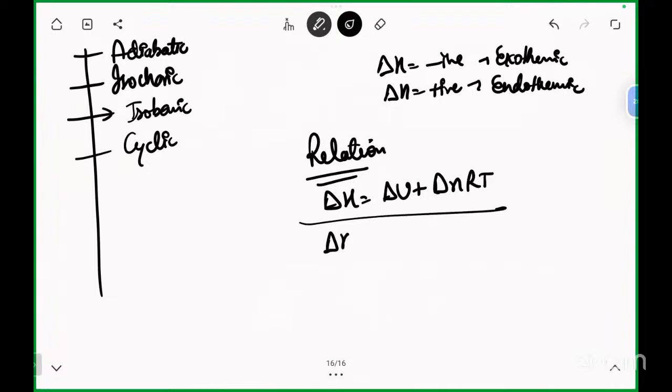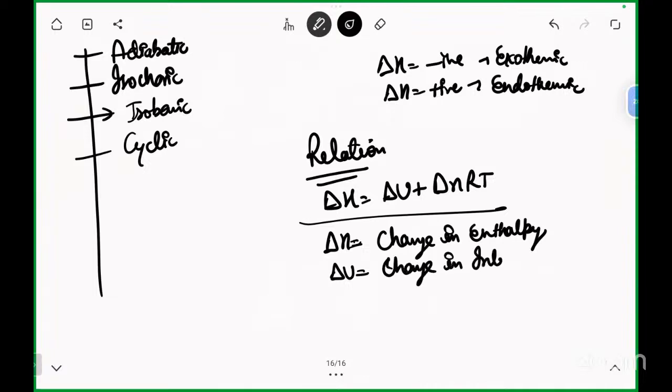Here delta H is the change in enthalpy, delta U is the change in internal energy, and delta n equals n product minus n reactant, that is, number of moles of product minus number of moles of reactant.